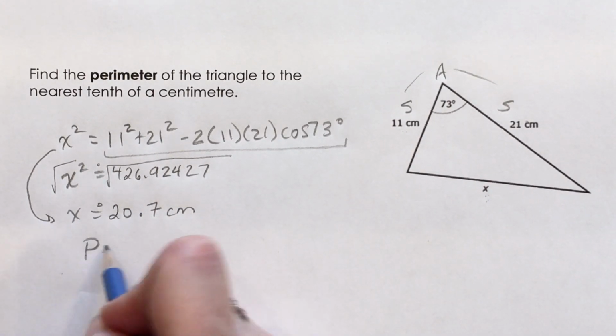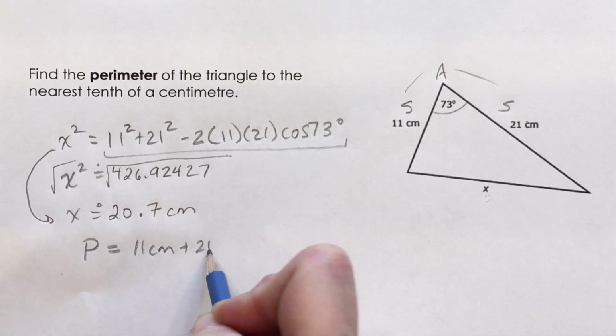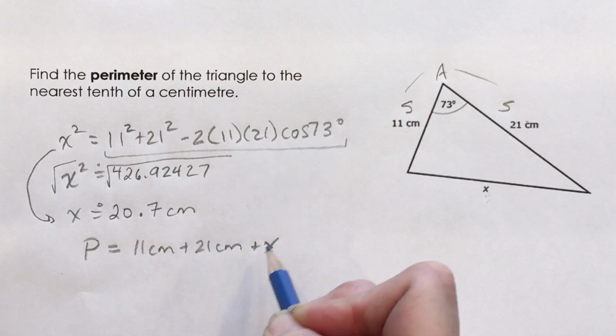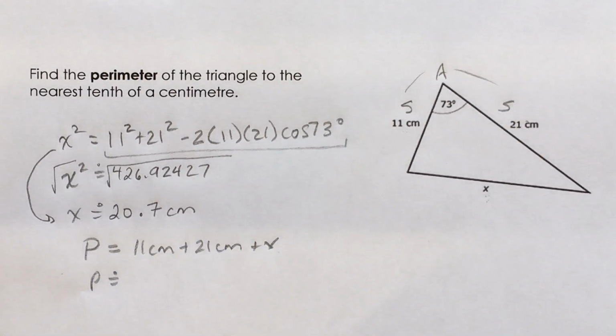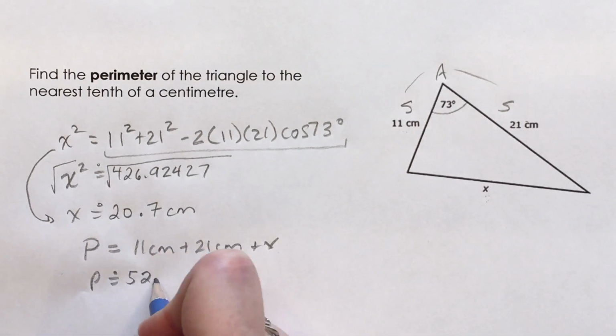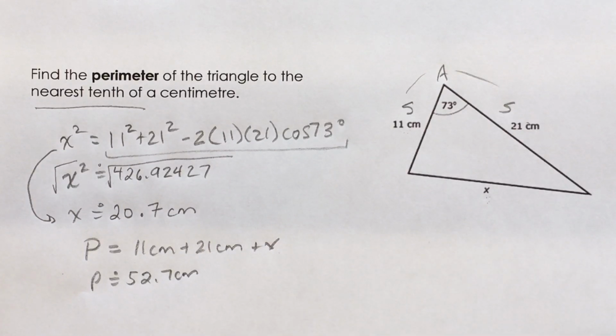So then you've got to remember perimeter is going to be 11 centimeters plus 21 centimeters plus x. But it's going to be approximate because x was approximate. So 11 plus 21 plus 20.7, approximately 52.7 centimeters. It did say nearest tenth of a centimeter, so we've answered correctly there.